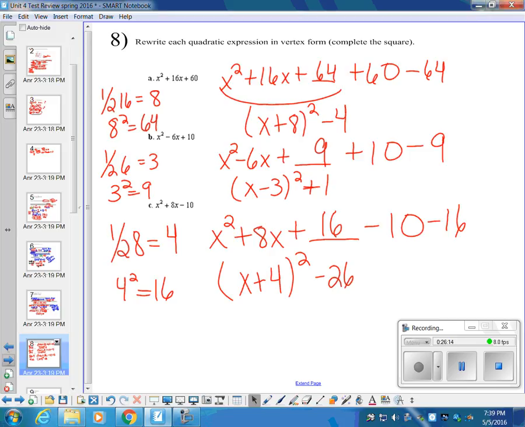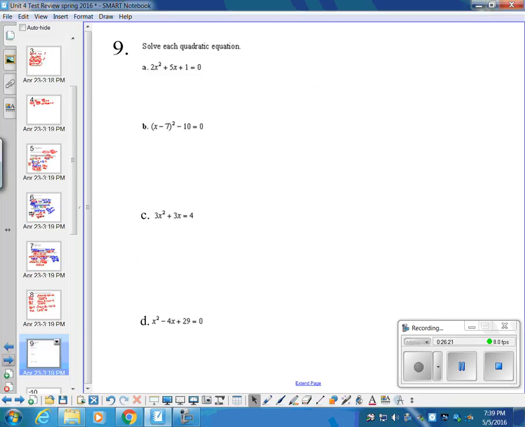Okay, number 9. Now these we have to solve each one. So the first thing we need to remember here is solving. So if you go in your notebook, we had a day where we said solving quadratics. If you have standard form and cannot be factored, you use quadratic formula. This is in vertex form, so we just solve it.